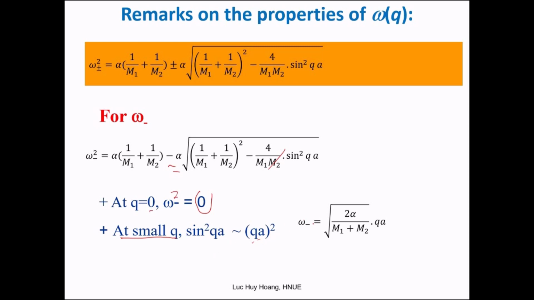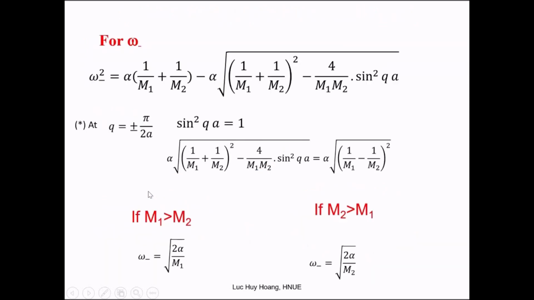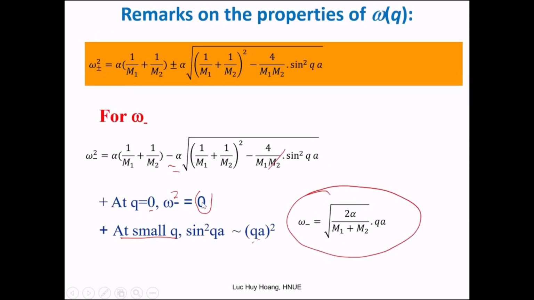Then we get the result that omega minus should be this one. So we get the specific point q equals 0 and a small q, we get this result.